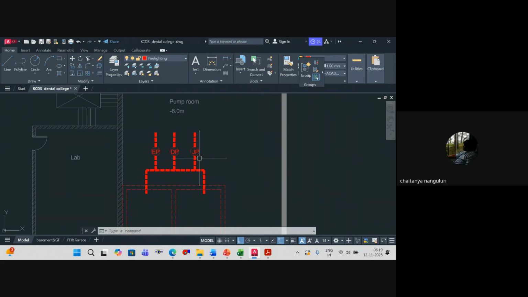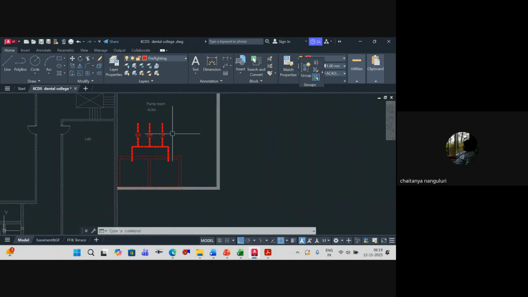At 5.5 you switch on your electrical pump, and at 4.5 you switch on your diesel pump. These are the general settings as per Indian codes. Let's go into it later.